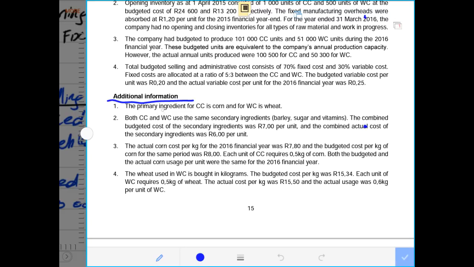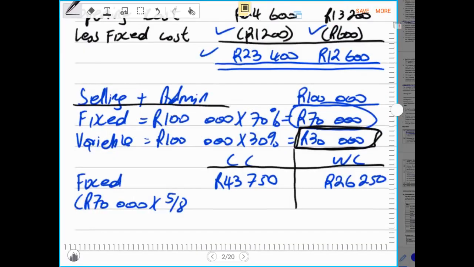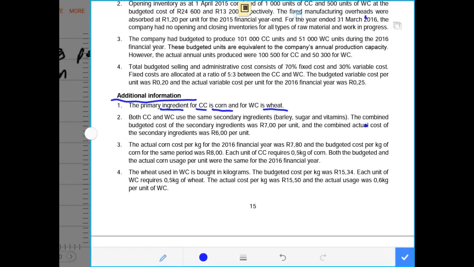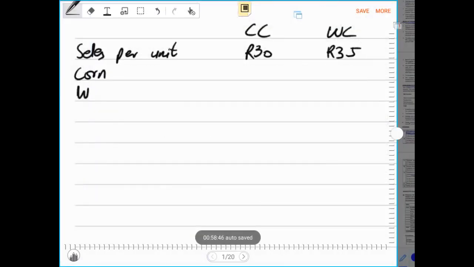It says the primary ingredients for product CC are corn and wheat. So there are ingredients that are needed, corn and wheat. For product CC, we know that whenever we see corn, which is the material called corn, that will belong to product CC. And whenever we see wheat, that belongs to product WC.